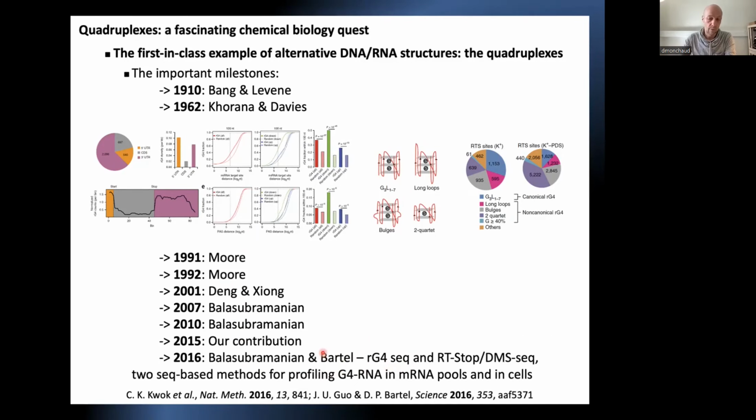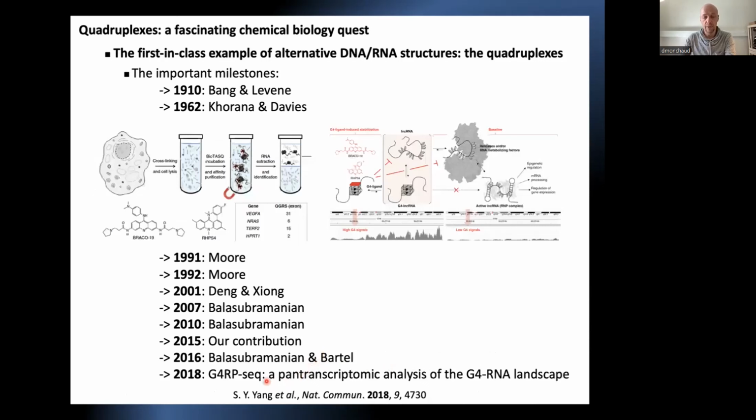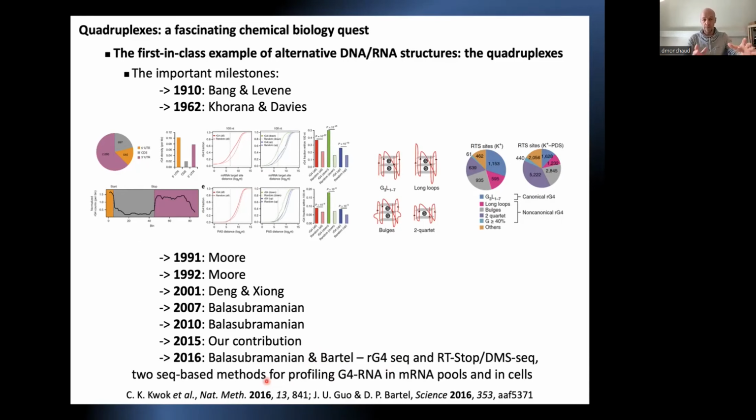But again, we will discuss this a bit later. And finally, our contribution was to resolve this conundrum, because the conclusion of Bartel was that RNA G4 do not fold within cells, within living cells.